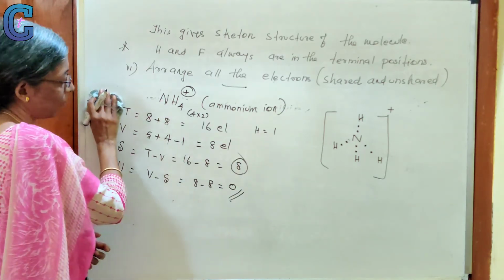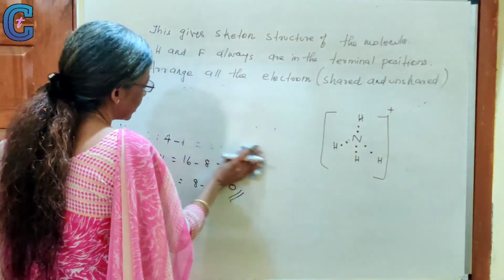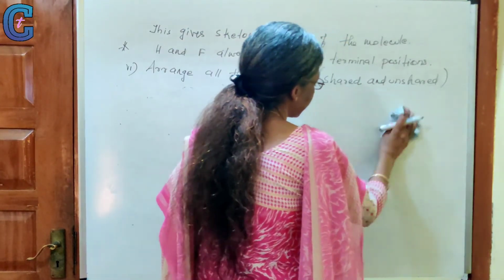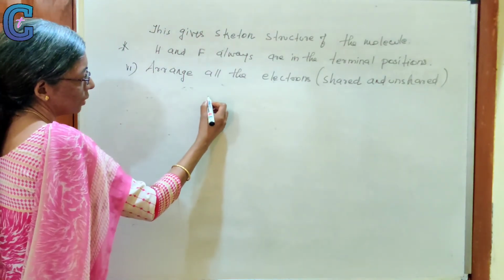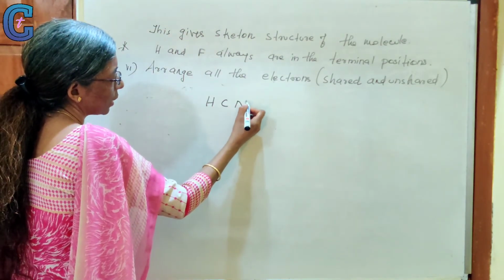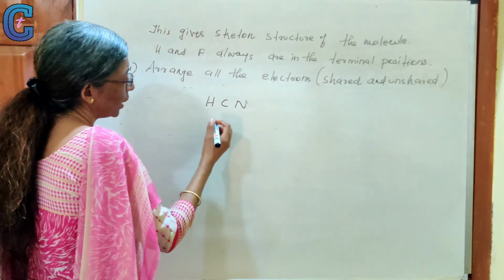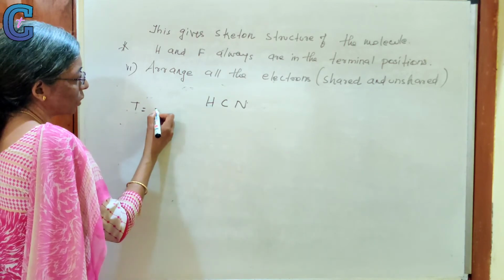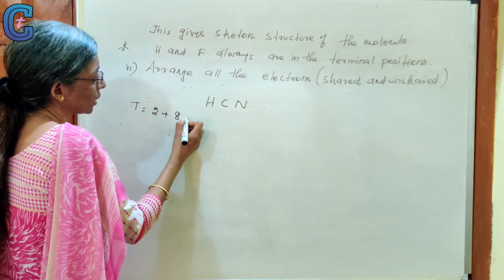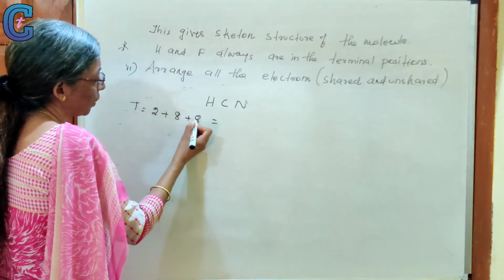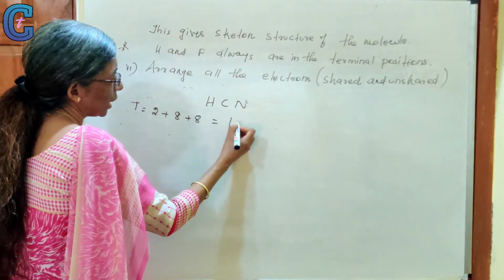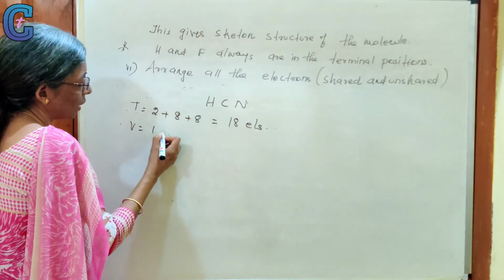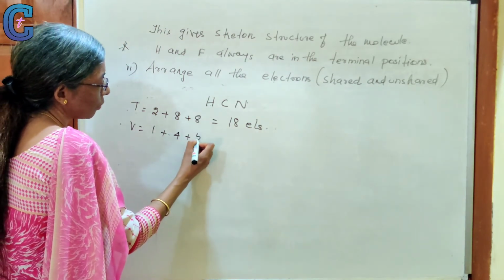Another example. Let us see hydrogen cyanide, HCN. So here HCN, total number of electrons. T is equal to hydrogen 2, carbon 8, nitrogen 8. So 18 electrons. Then valence electrons: hydrogen 1, carbon 4, nitrogen 5.